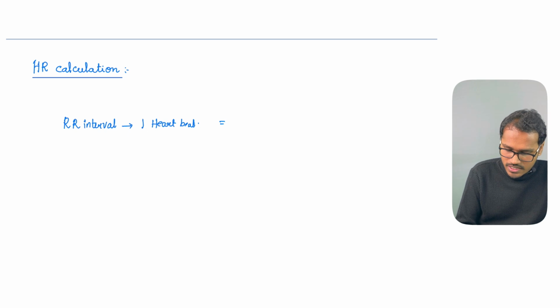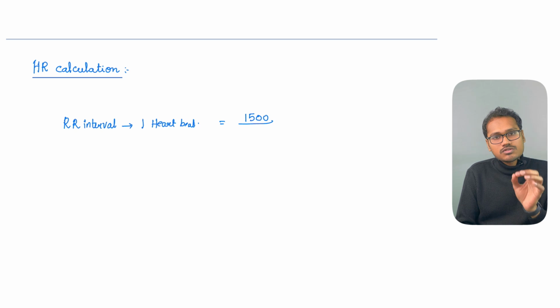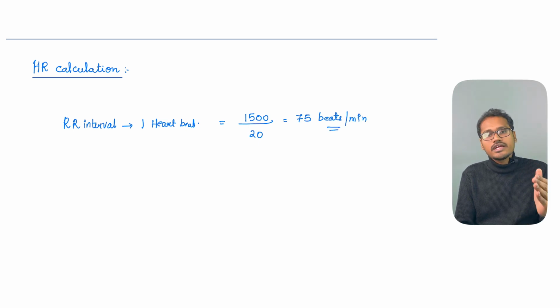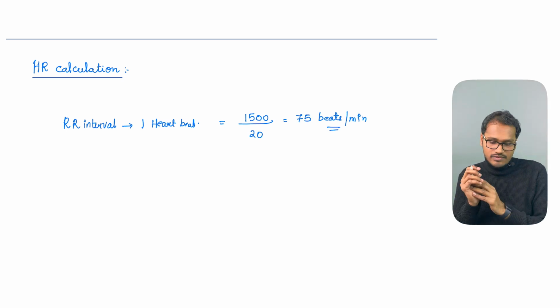In our example, it is 1500 divided by around 20 small boxes, which gives us 75 beats per minute. So it's very simple: just 1500 divided by the number of small boxes between two R waves.